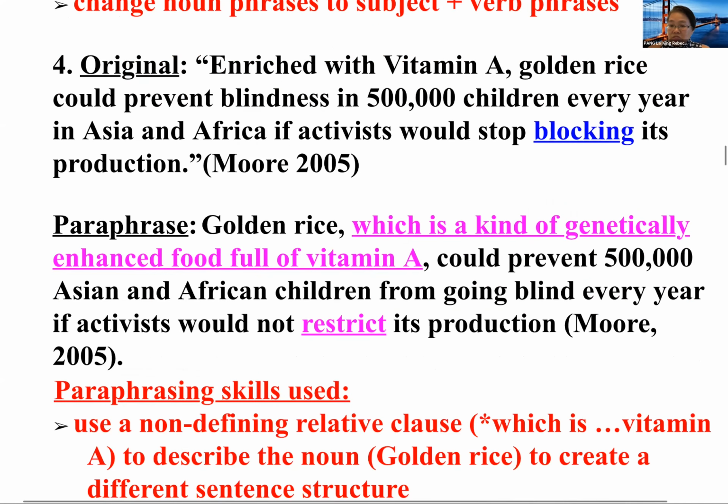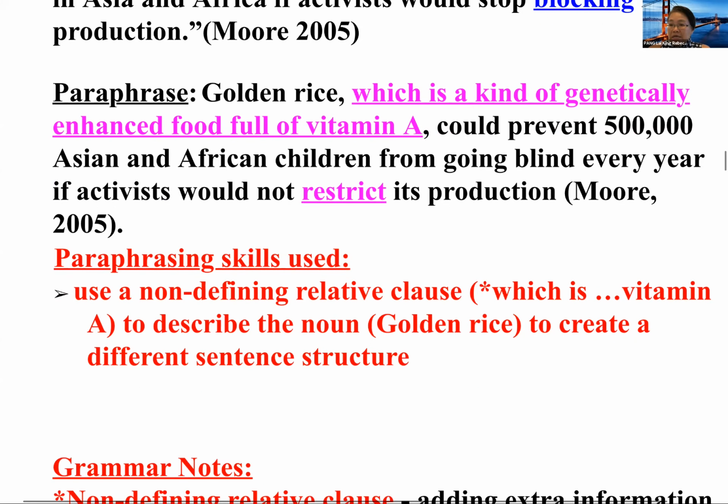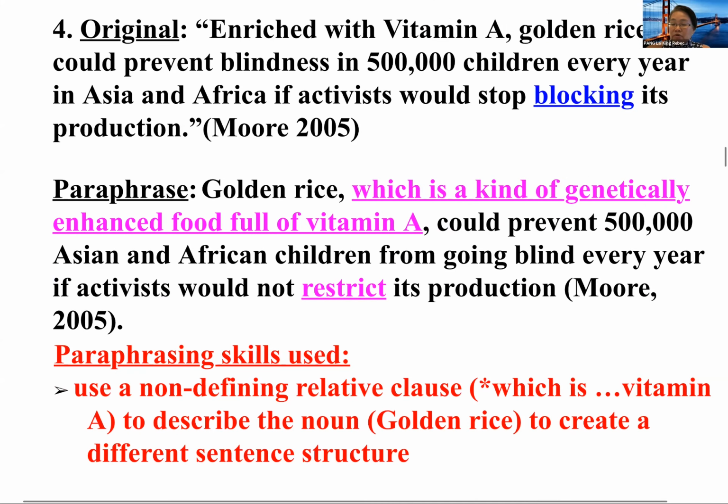You could see that relative clause, and what type of relative clause I'll talk about later, to create a different sentence structure, because it used the relative clause to describe the subject, golden rice. And of course the change of vocabulary using synonyms as well, so blocking becomes restrict.